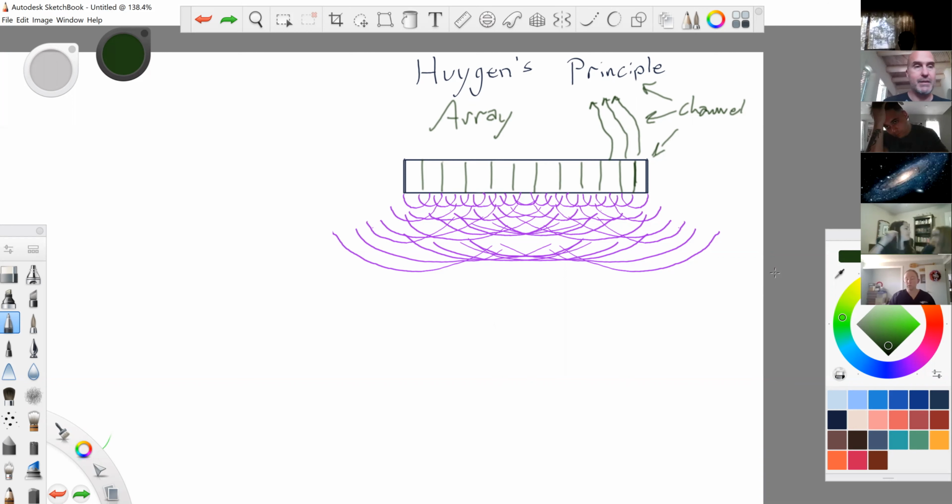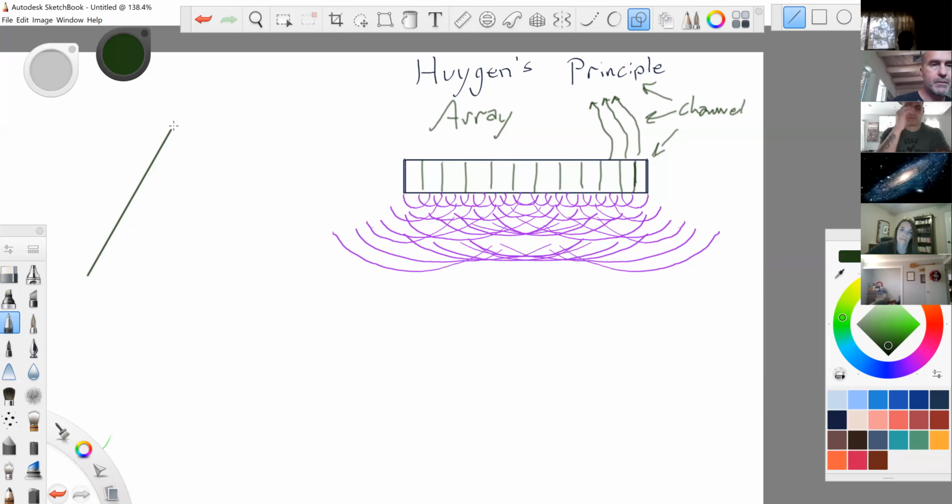And once again, because every single element is used every single time. Slight differences in timing, but still every single beam is used every single time. Because of that, we get a waveform that's shaped like this.